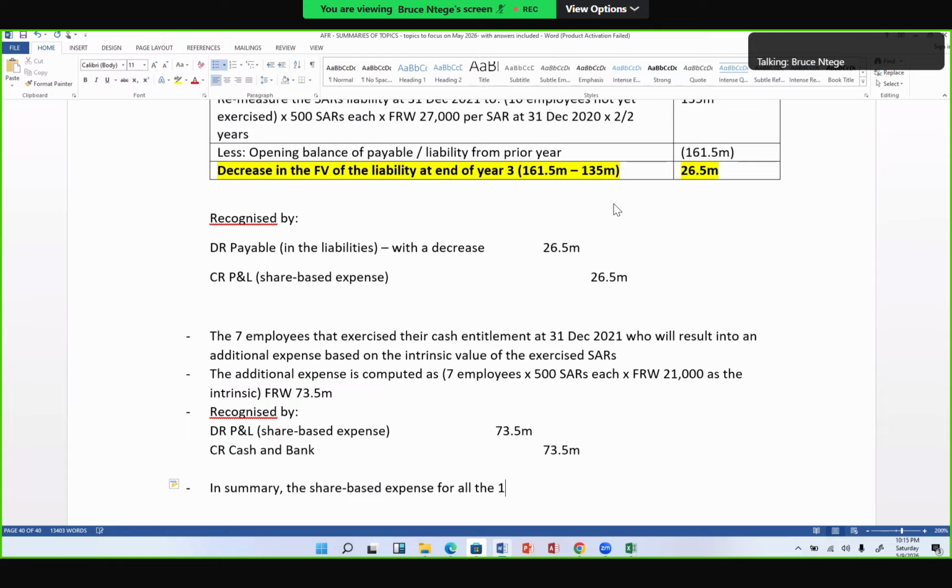So we have a net expense because the debit is bigger. So the P&L of that year has a debit of 73.5, minus the credit, which was 26.5.